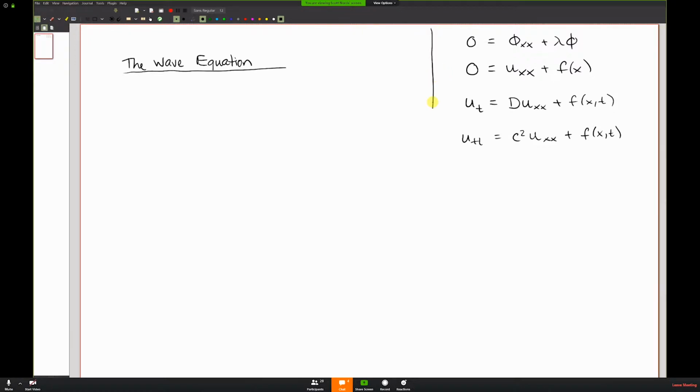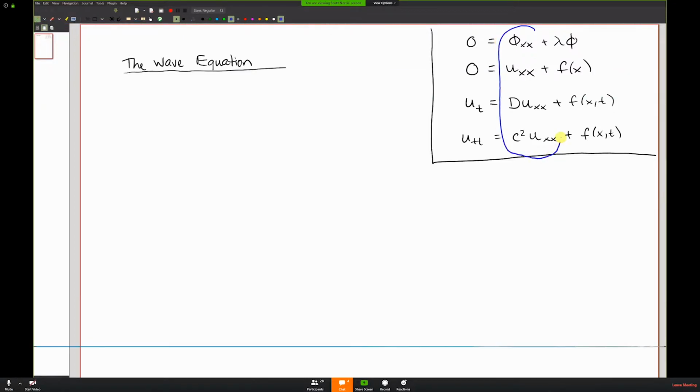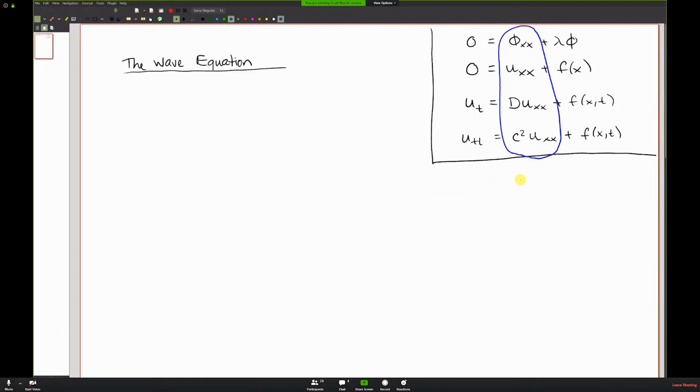Okay, and so this set of equations here form a family. They all have the same differential operator right here. But they all have slightly different structure. And the key to solving all of them is the eigenfunction equation, which I've written up top.